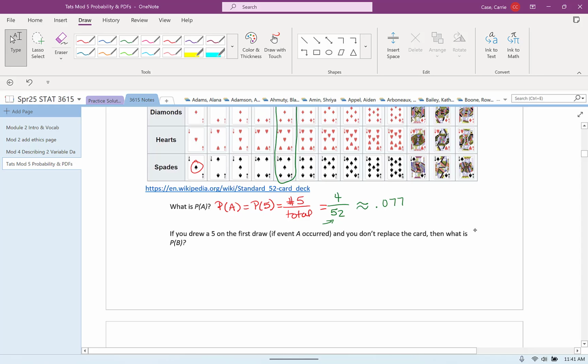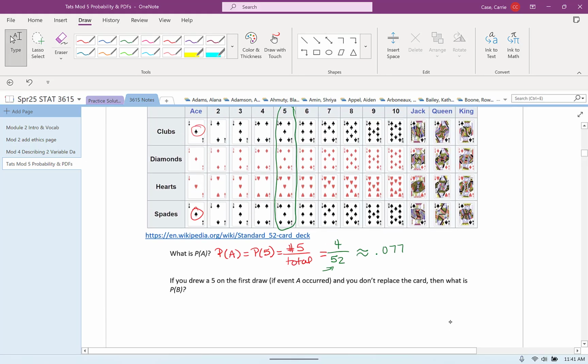So now let's look at if you drew a 5 on the first draw, so event A occurred, and you don't replace the card, then what's event B? So let's say we got a 5 of clubs and we didn't put it back. So we get rid of that card, and now we have this new sample space. This new sample space, probability of B, is equal to the probability of getting a 5 when we got a 5 the first time and didn't put it back.